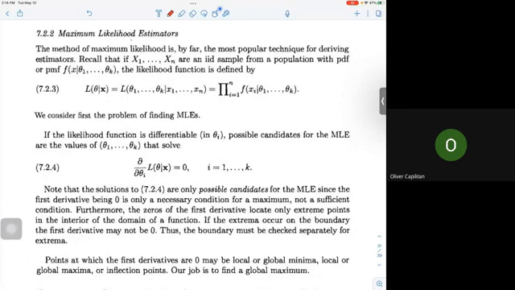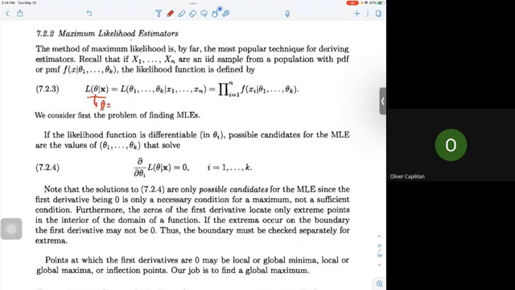k. So the likelihood function is defined by, this is our function now, the likelihood function of theta given x. It's actually a function of theta. So in this case, our theta here is actually a vector of parameters, bold theta.